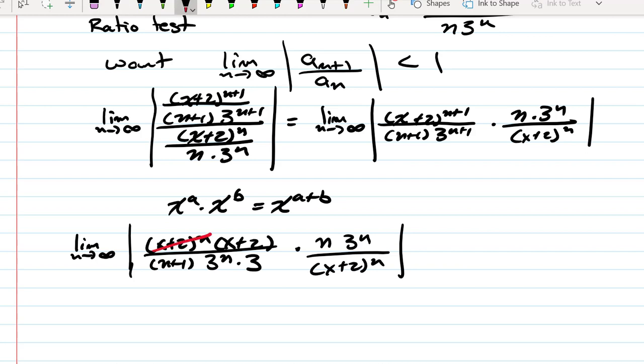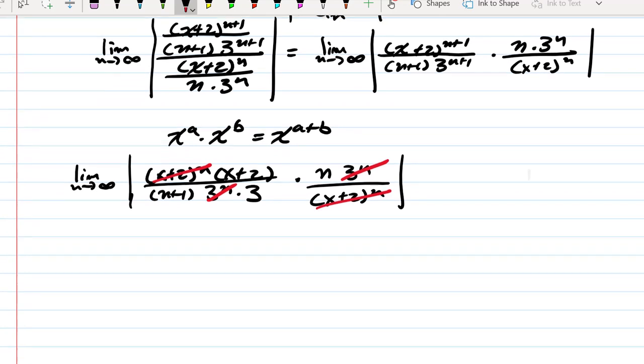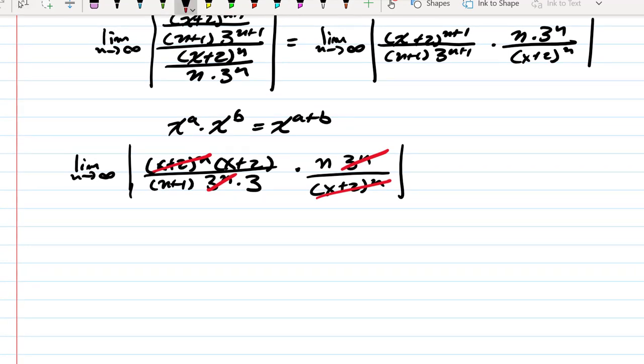After doing that, we get to cancel out some things, so our x plus 2 to the n's reduce out, and our 3 to the n's reduce out. Our limit here, we'll notice, only depends on x, so we can actually pull that out of our limit. So we have the absolute value of x plus 2 times the limit as n goes to infinity.